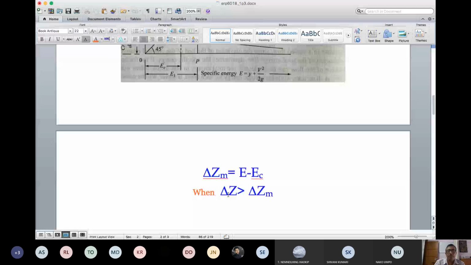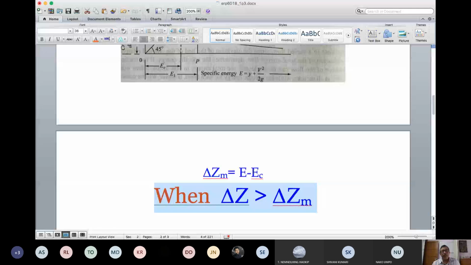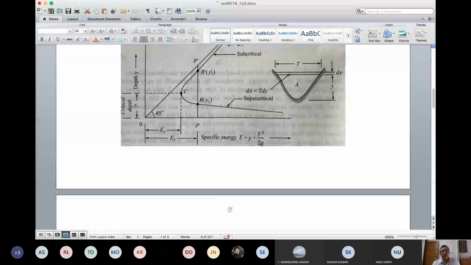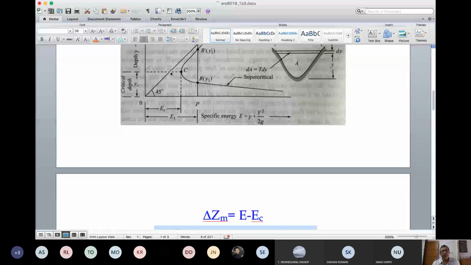So this part we'll discuss now. Downstream specific energy, as per our deduction, E1 dash minus delta Z, equal to E1 dash equal to E1 minus delta Z, will now be less than EC.